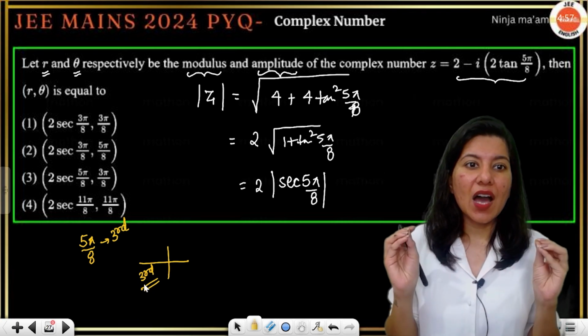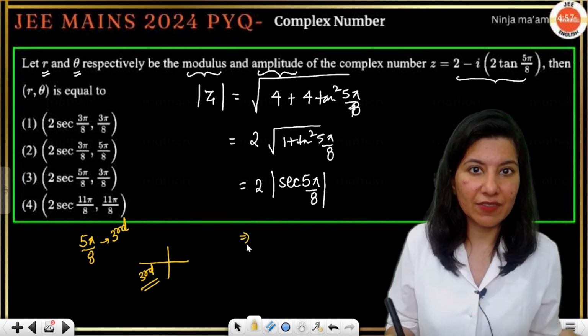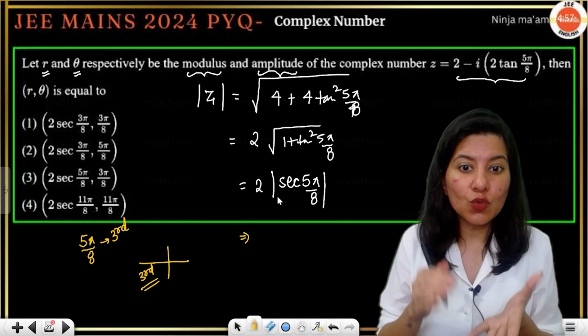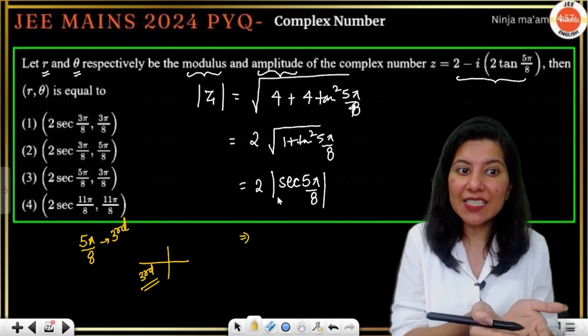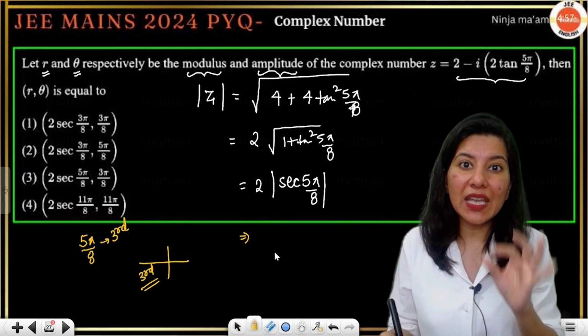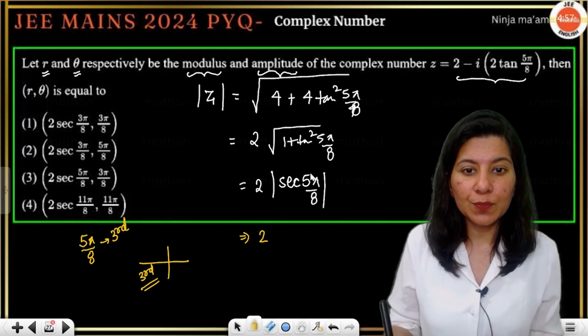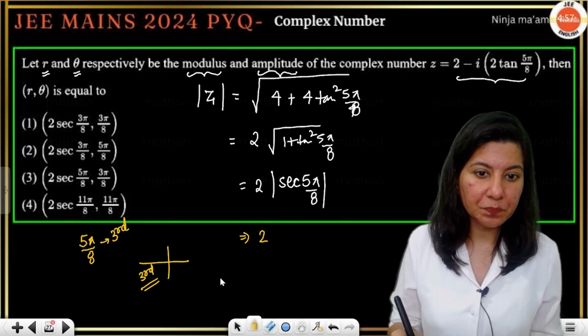But modulus can never be negative. So we need to make this positive, right? Either the answer is 2 mod sec 5 pi by 8, but it is missing from the answer. Modulus is not there. We have only option is just make it automatically positive without even mod. So now 2 sec 5 pi by 8 is there, right?